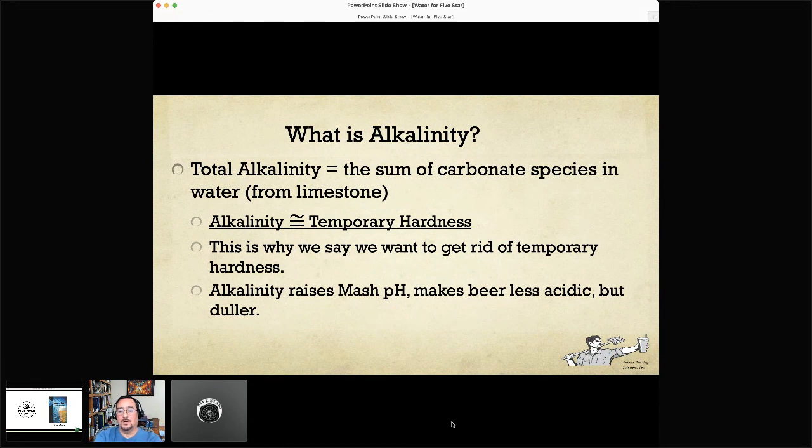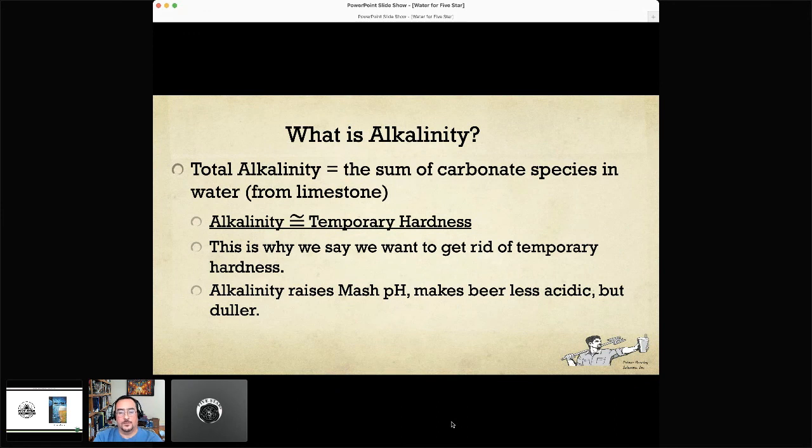Alkalinity, the total alkalinity, is the sum of the carbonate species that are in the water. These are typically dissolved from limestone. And total alkalinity is a chemical measurement by titration: how much acid is required to reach a pH endpoint.